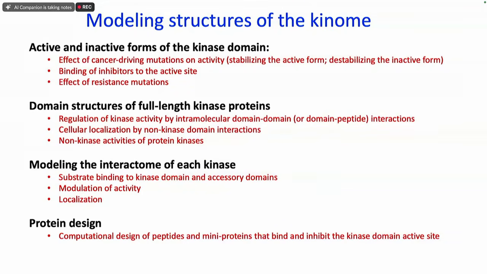And we need to know how the mutations that they may get while they're taking a drug that make the cancer resist the drug, what are those mutations doing? Are they forcing it to be more active? Are they preventing it from binding the inhibitor in the active site, or is it some kind of allosteric mutation? We want to look at the structures of the full-length proteins.